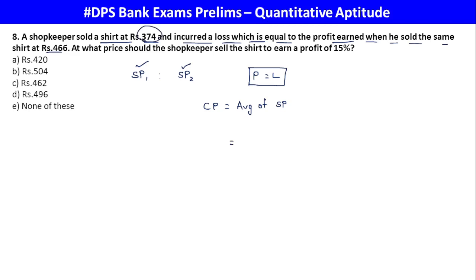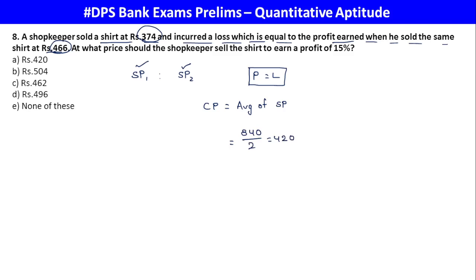374 and 466, 470, 370, 840, 840 upon 2, 420. Cost price is 420.